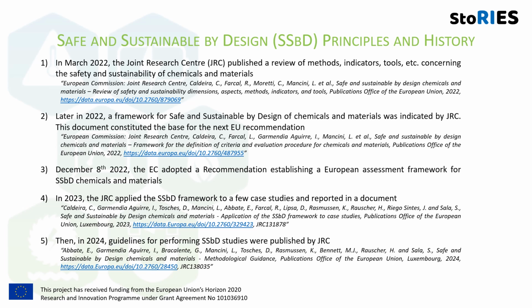Let's say that the first document by which we can date back the birth of a safe and sustainable by design method is from March 2022. In this document, the Joint Research Center published a review of methods, indicators and tools concerning both safety and sustainability aspects of chemicals and materials.